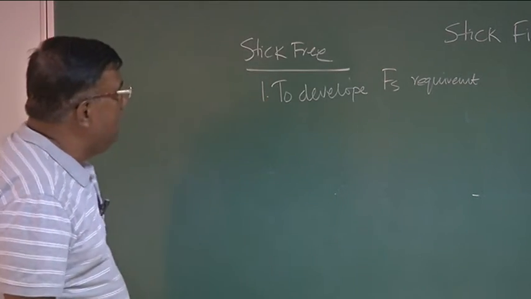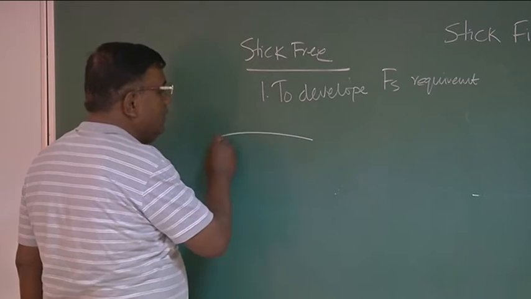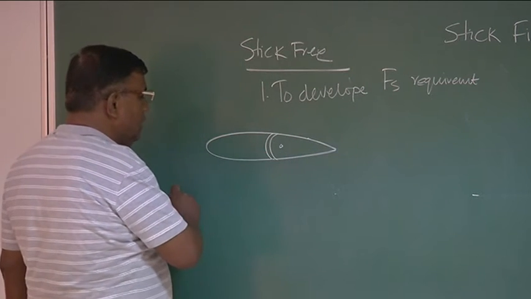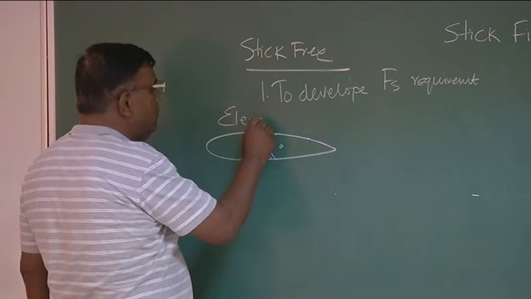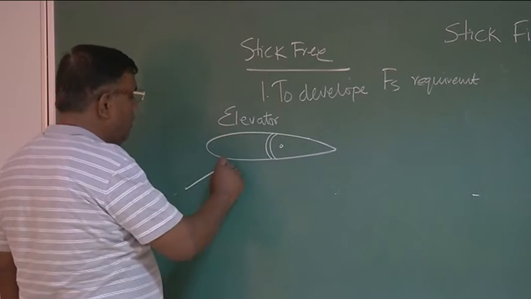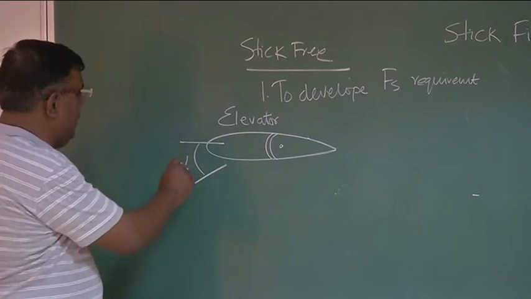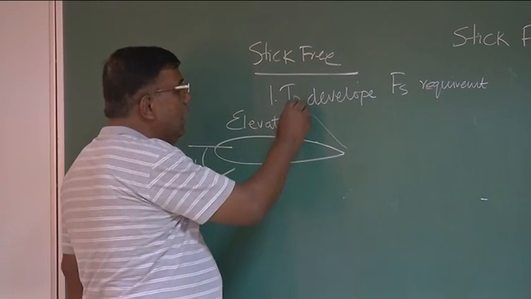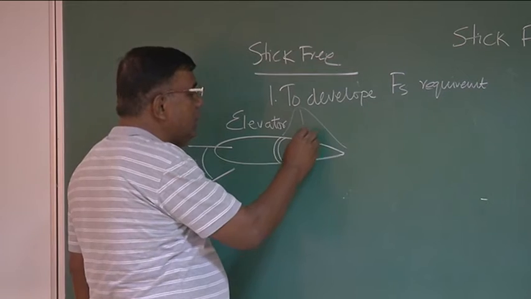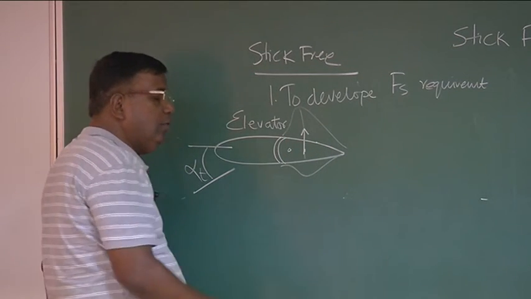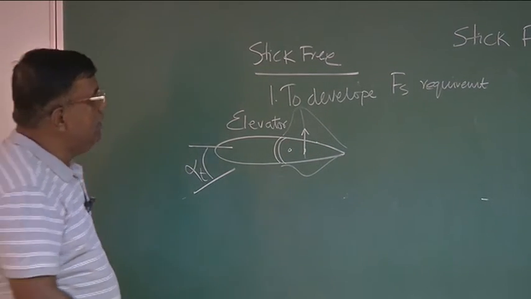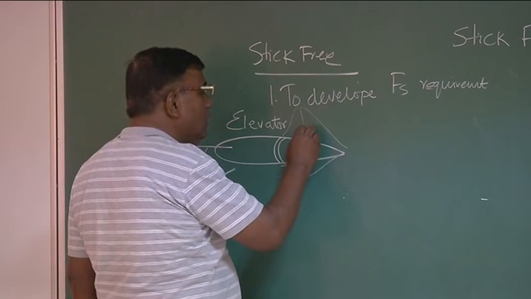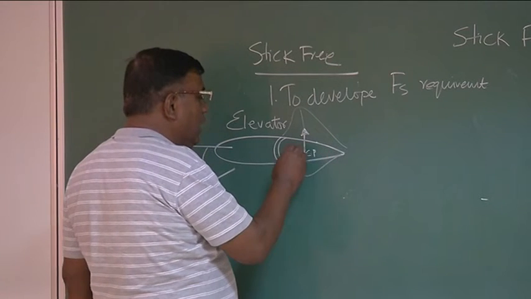Okay? Now, let's see what happens. If you recall, this is the elevator, and let's write elevator. And you know, for a given alpha tail, there will be pressure distribution over the elevator, and mostly the center of pressure of the whole distribution over and below the elevator will be behind the hinge line.